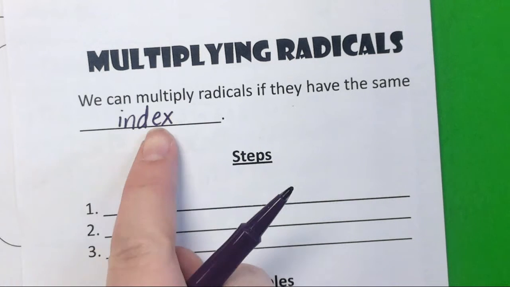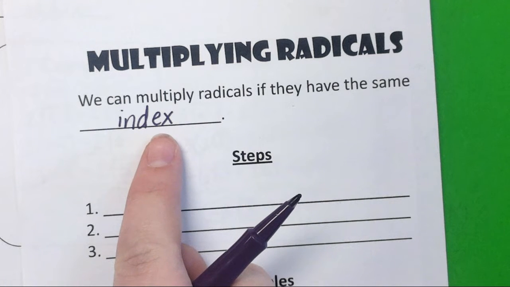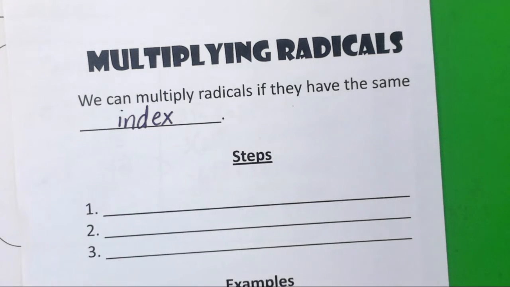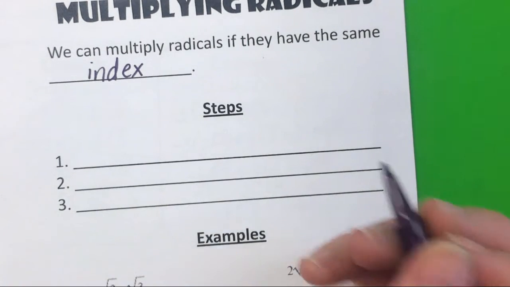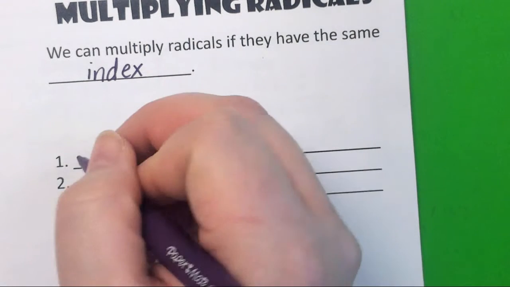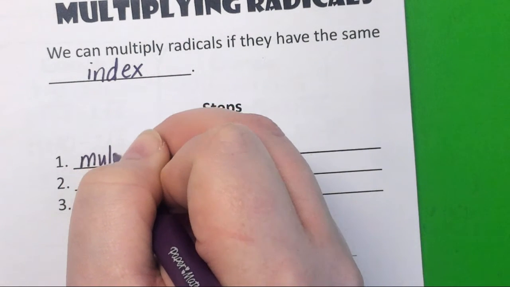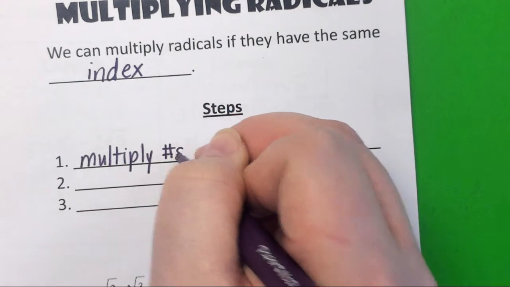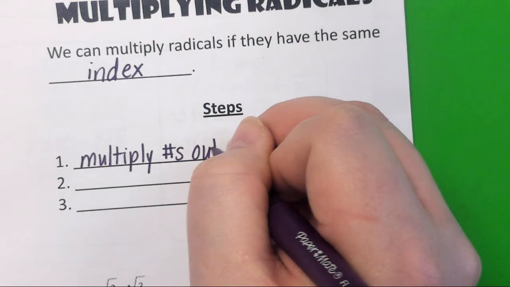Notice with multiplying, they don't even have to have the same radicand. They just have to have the same index. Okay, so there are 3 steps. The first step is to multiply numbers that are outside the radical symbol.